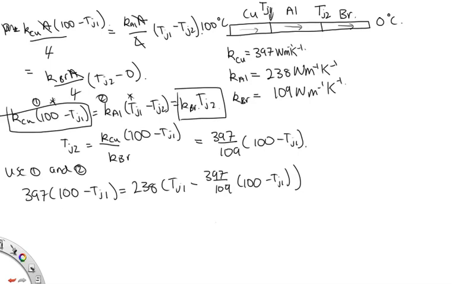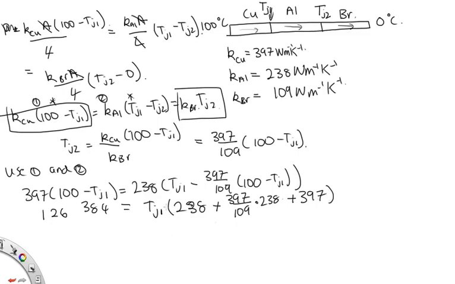So we've got 397 times 100 plus 238 times 397 times 100 over 109. So that works out to 126,384. Let's pull TJ1 out as a common factor, and then we've got this 238, we've got the 397 over 109 times the 238 for this TJ1, and then we've got this TJ1 here, which is 397.